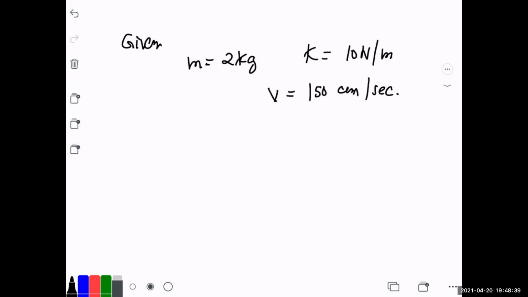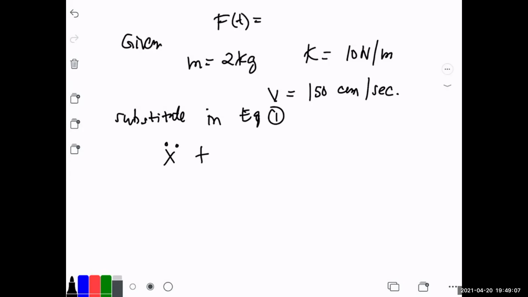All right, so let's substitute this into our Newton's second law, equation 1. So this will become x double dot plus, of course, f of t is 0 and a is 0 because there is no resistance from the surrounding medium.